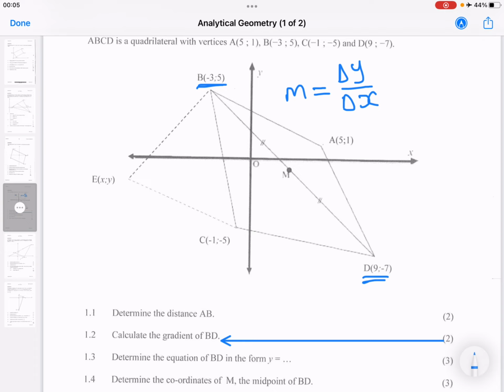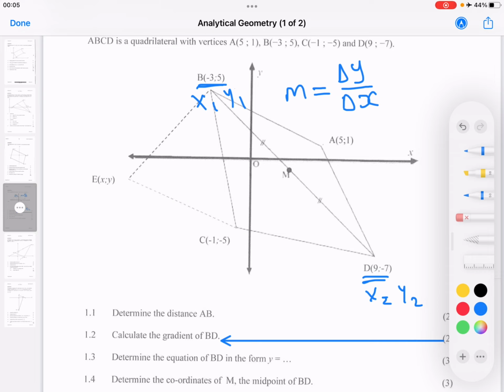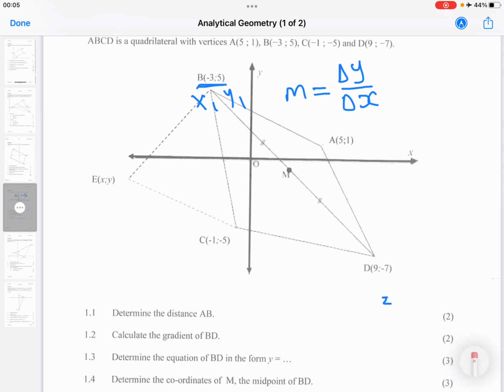Therefore, you can use D as your second values, meaning x2, y2. Then there, x1 and y1. Plug in your formula, punch on a calculator, and that's how you calculate the gradient. Easy, easy, easy.